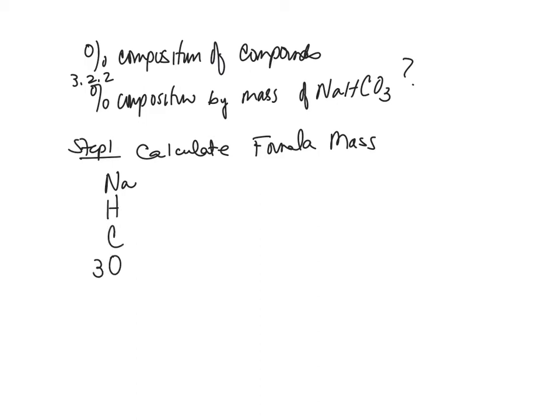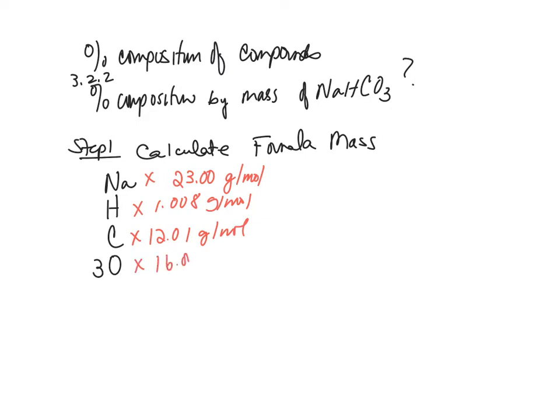And then I look at my periodic table and I see that sodium is 22.989, so that's 23.00 grams per mole. I see hydrogen is 1.008 grams per mole. Carbon is 12.01 grams per mole. And oxygen is 3 times 16 grams per mole. And then I add these up.